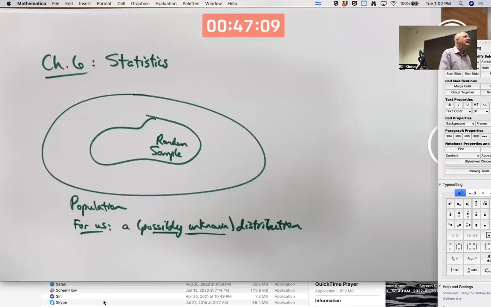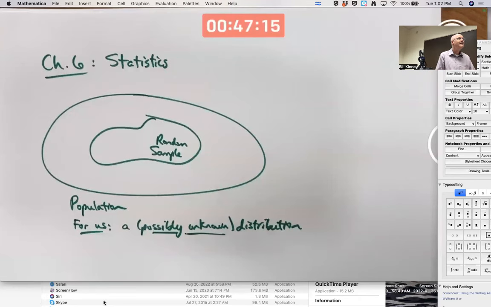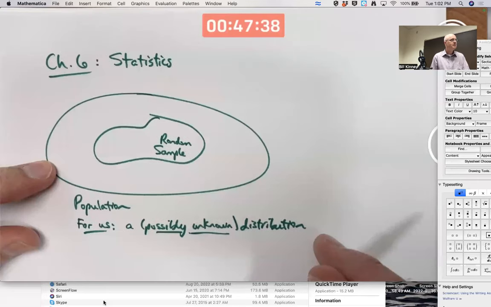But maybe we can approximate it using data, using samples. Maybe we could hypothesize it's got a certain distribution, like maybe a normal distribution is the most common example. And if we assume it's got a normal distribution, based on that assumption, we can figure out things about it, like its mean and standard deviation, approximately, based on a random sample.